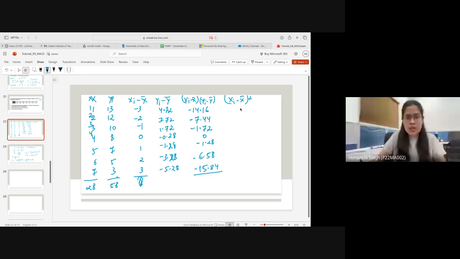Squares also, so it will be 9, sorry. 3 threes are 9, so it will be 4 here, 0 here, again 1 here, 4 here, 9 here. So if I sum it, it will be twice the sum: 1, 10 and 4, and this will be 28. And I want to sum this also.